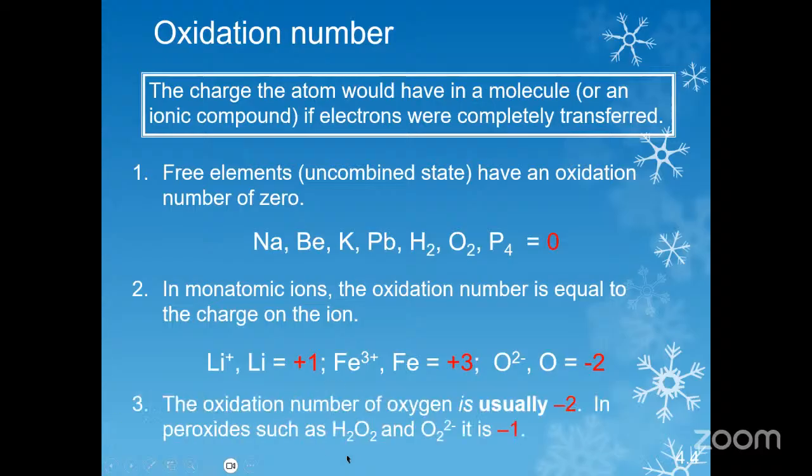The third rule is a bit unusual. It says that the oxidation number of oxygen is usually -2, but there are some exceptions. The exceptions would be hydrogen peroxide and any compound that contains the peroxide ion. In those cases, the oxidation number of oxygen will be -1.